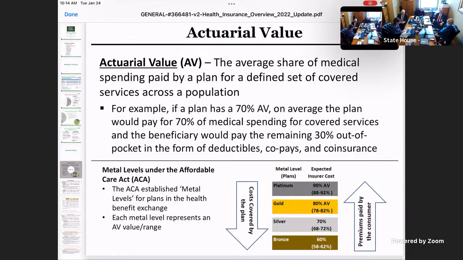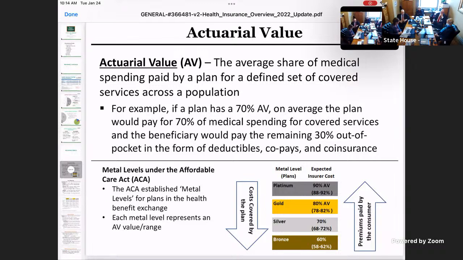So each type of plan in the exchange is going to fall into one of these categories: platinum, gold, silver, bronze. And each insurer has to demonstrate that their plans are falling within those categories. And why do we have those categories?